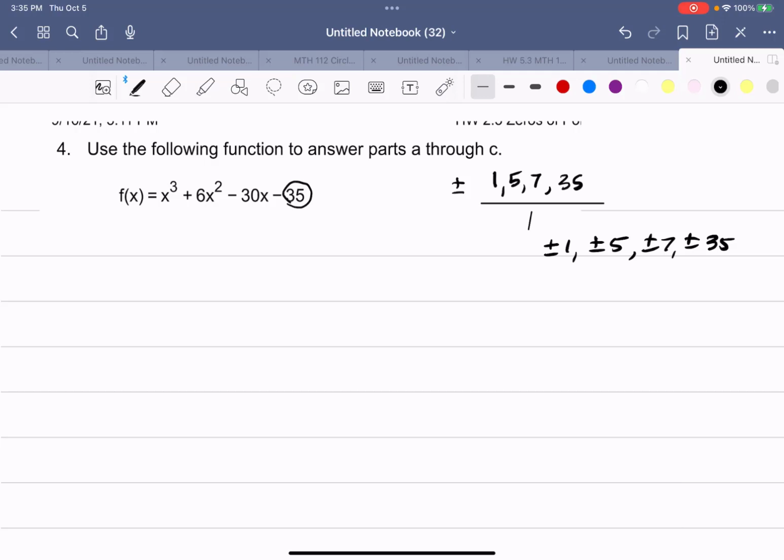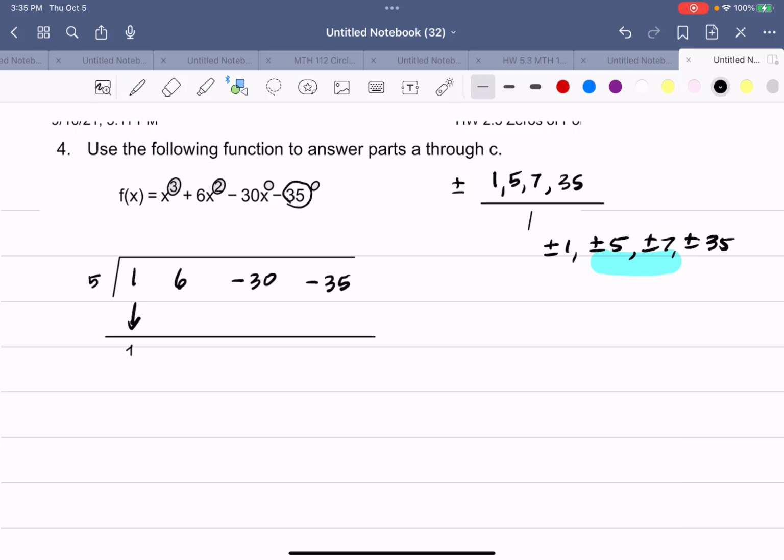So my recommendation, start in the middle. So I'm going to start with 5. So 5 is going to go into my coefficients and count 3, 2, 1, none. So I know I can put 1, 6, negative 30, negative 35. I'm going to start with the 5.